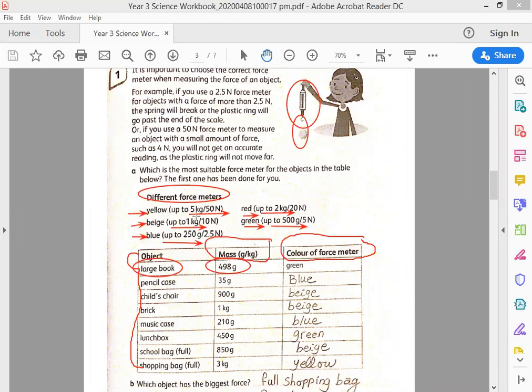The yellow one will be suitable? No, the yellow one is going to carry up to 5 kilograms. But my book is just 489 grams. So while searching in these force meters, you're going to find that the green one is the suitable one because it holds an object up to 500 grams. So this one will be the suitable one for holding the large book.